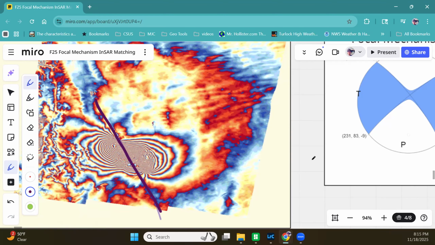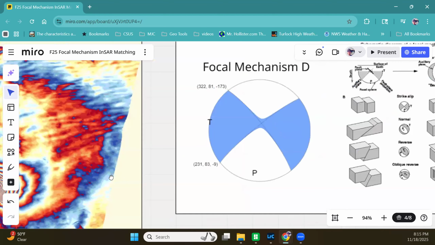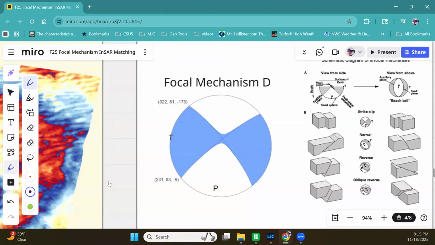So how do we know that this is the focal mechanism over on the right that matches this one up? Well, you've got two options here, and we talked about these beach balls and the focal mechanisms. Basically, the lines that are on here represent the two possibilities of the fault plane that earthquake could have had.